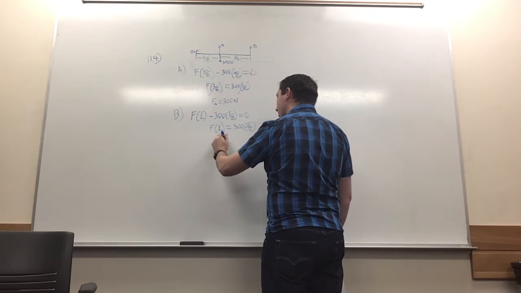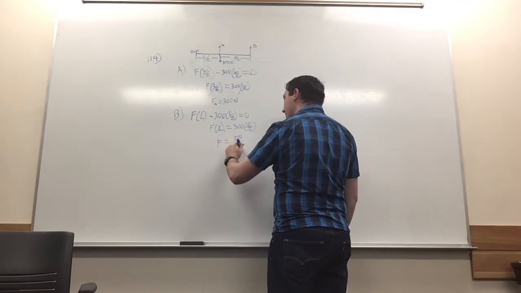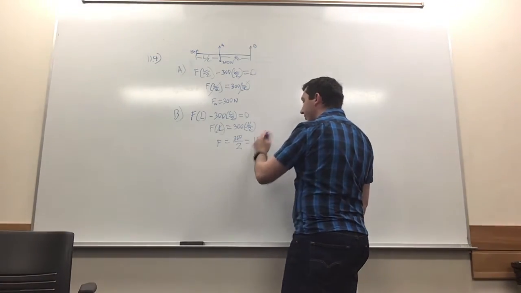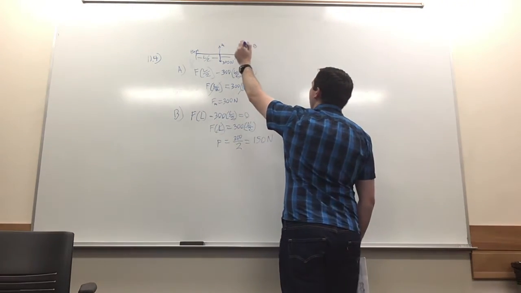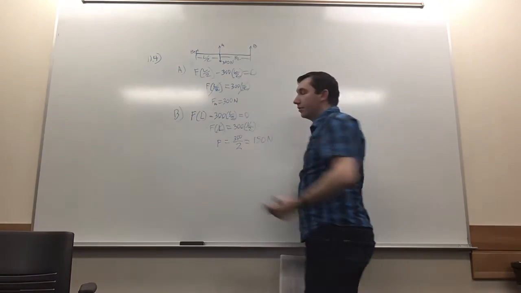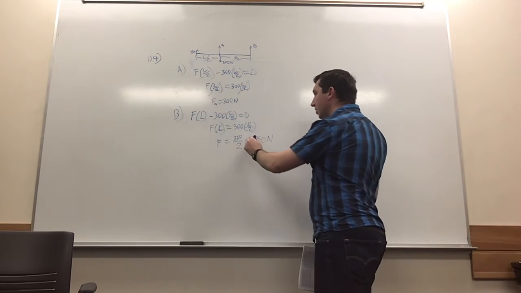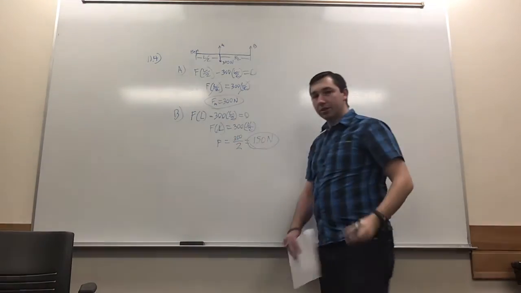So we get that the force is going to be equal to 300 divided by 2, which is equal to 150 newtons. So we would have to apply 150 newtons to the far end of the trap door to get it to just barely begin to move. And that's how you do that problem.